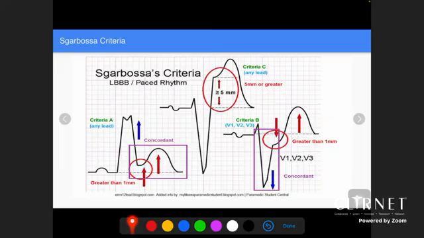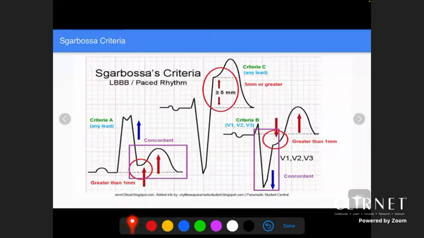So they invented these criteria, validated them, and discovered that there is 95% sensitivity and specificity for these criteria regarding presence of STEMI in the setting of left bundle or paced rhythm. It is not for right bundle, only for left bundle or paced rhythm. Because right bundle will not mask the ST elevation, and we will see soon that right bundle can show ST elevation regularly. However, left bundle will not show the classic ST elevation.